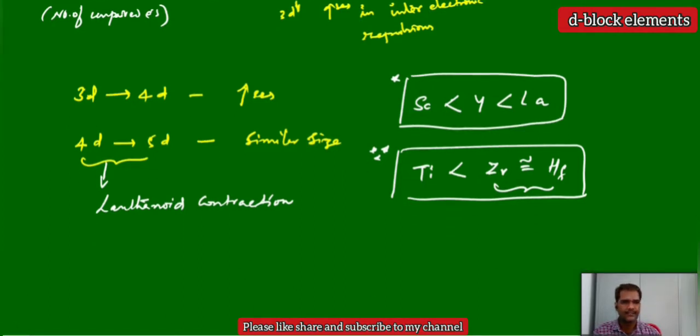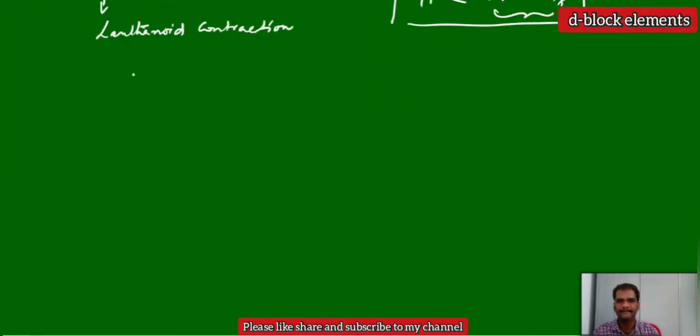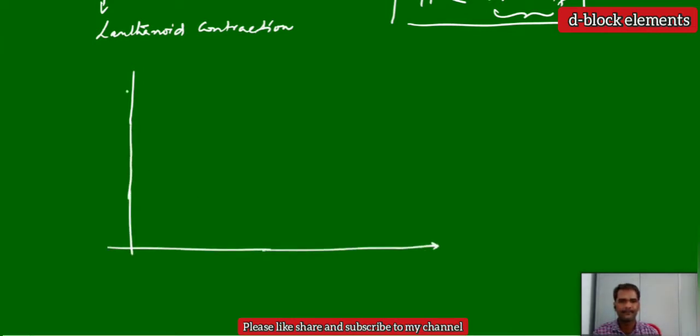So if you see these metallic radii graphically, we can observe like this. Let me take atomic number here and atomic radii here. For scandium, the atomic number increases, atomic radii decreases.